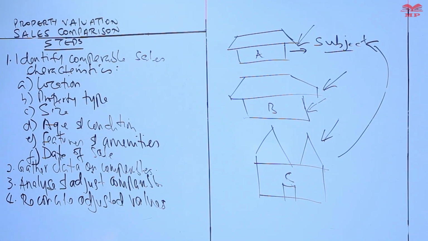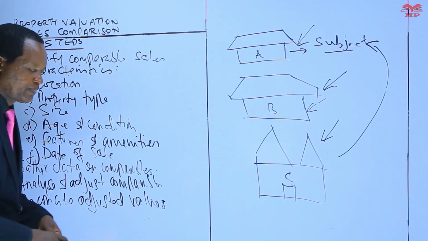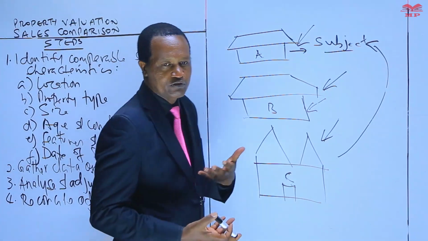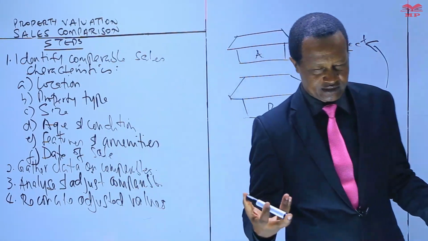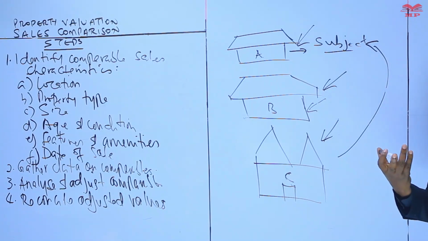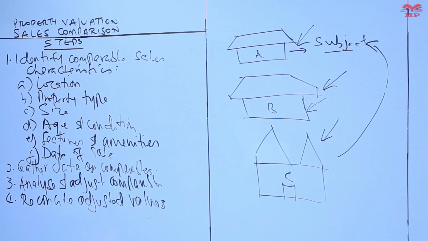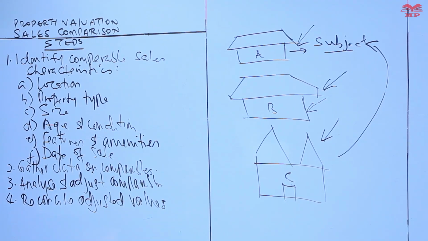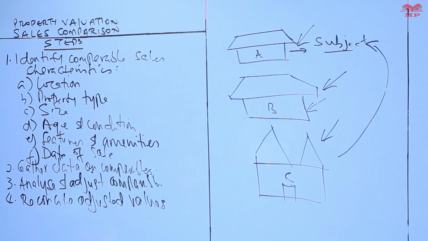Now, after making all necessary adjustments to the selling price of the comparables, then the appraiser will have a range of adjusted values. And the final step is to reconcile such adjusted values to arrive at a single estimated value or a narrow range of values for the subject property.